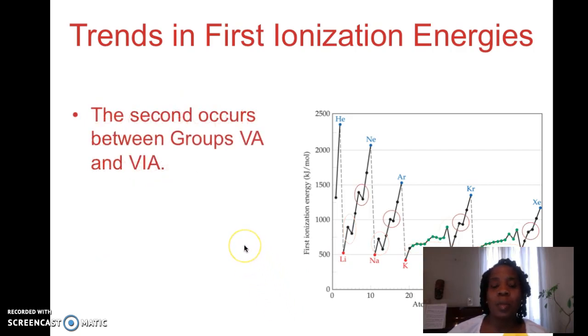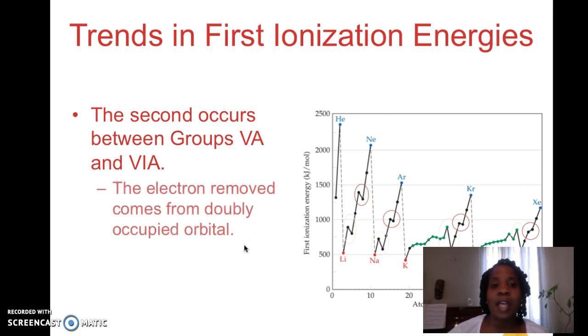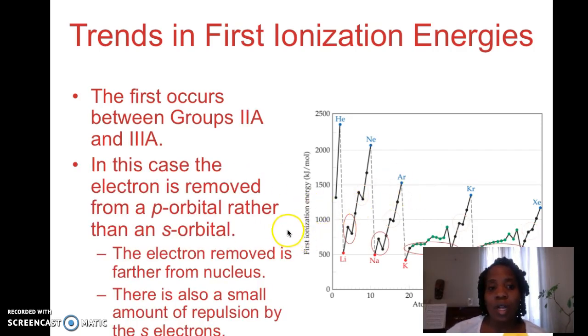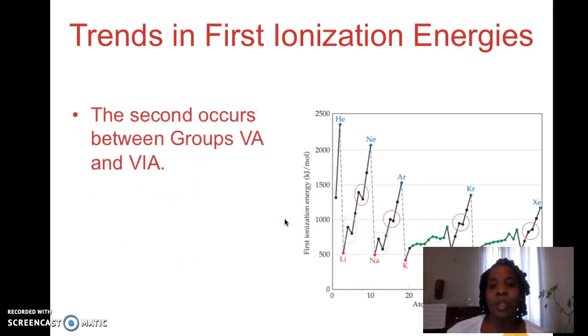The other dip, which occurs between group 5 and group 6, has to do with removing an electron that was doubly paired in a p orbital. Remember, electrons repel each other. So these 3 electrons that were filled in were all singly filled in.